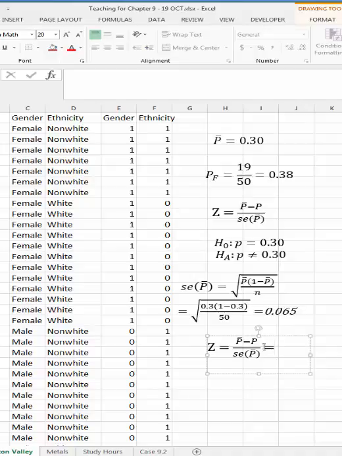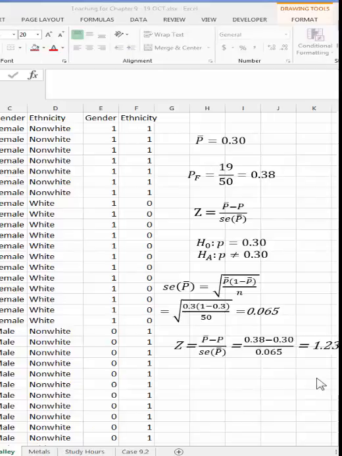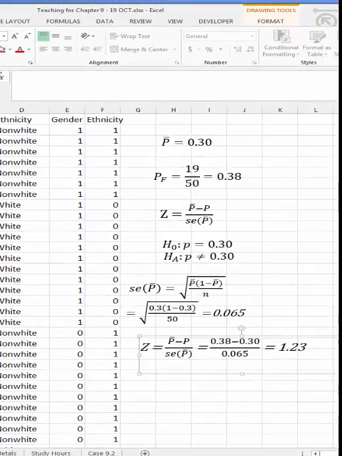We'll calculate our Z calculation here by taking our calculated P value, this 0.38, subtracting off of that our P value that we previously had used as the population average, and dividing through by our standard error of P. And this gives us 1.23. Now this value here is actually our Z value that we're going to need to then look up on a chart.